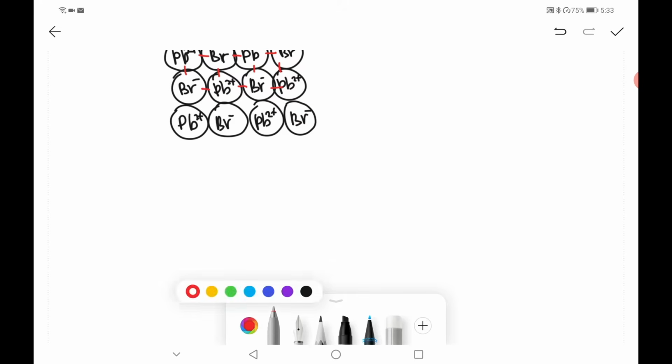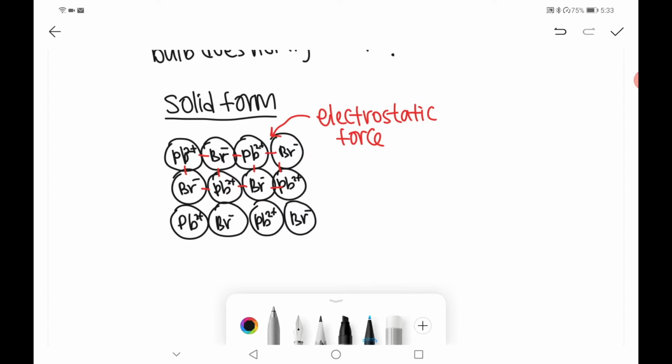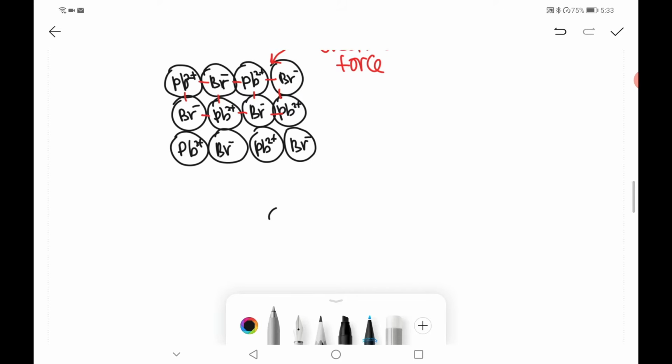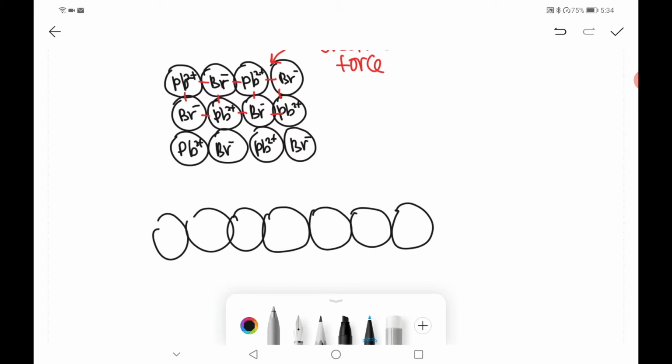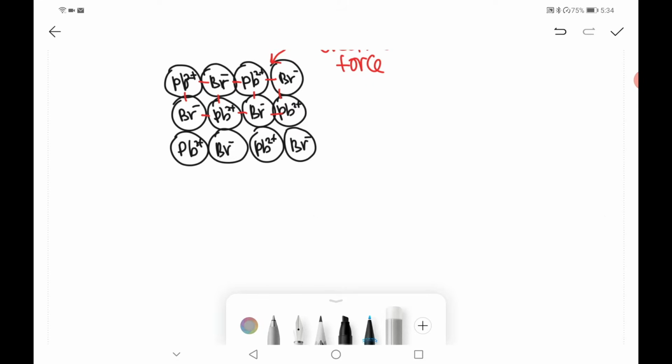So in solid form, all the ions are very close to each other, attracted by electrostatic force. You can imagine they glue together. This ion glues with this ion, glues with this ion. When all the ions glue together, they cannot move.